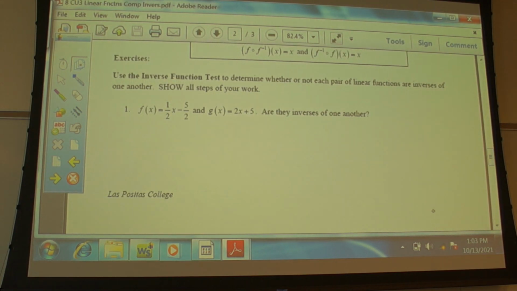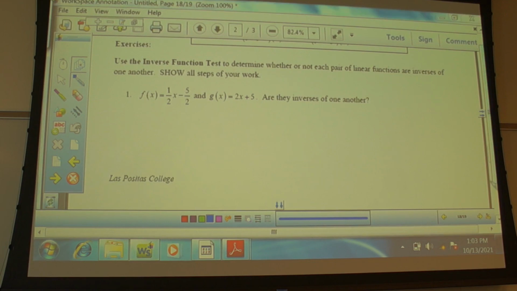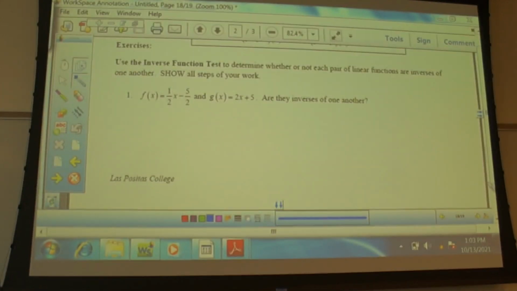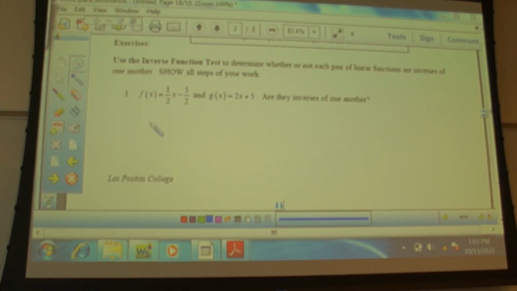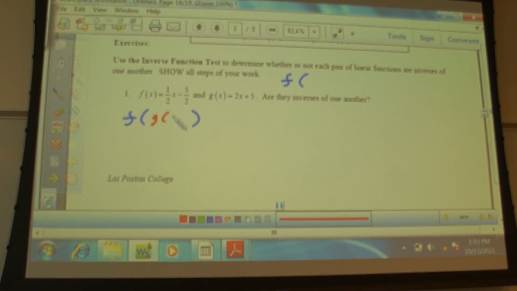So what we're going to do is use the inverse function test to see if these pairs are inverses or not. So we're going to do f of g of x. All right, so what is f of g of x?